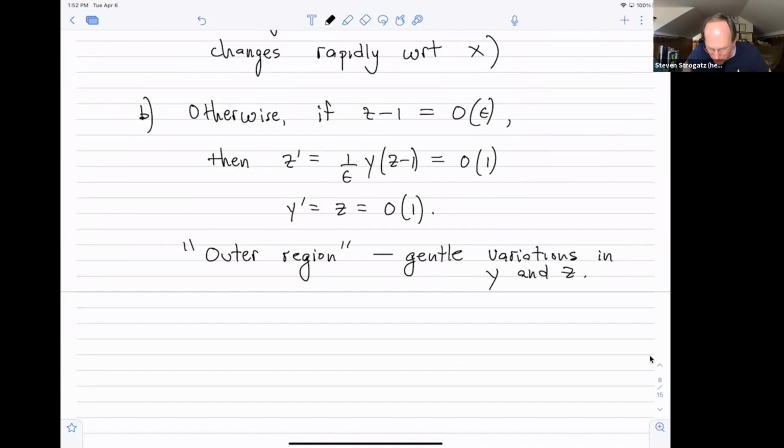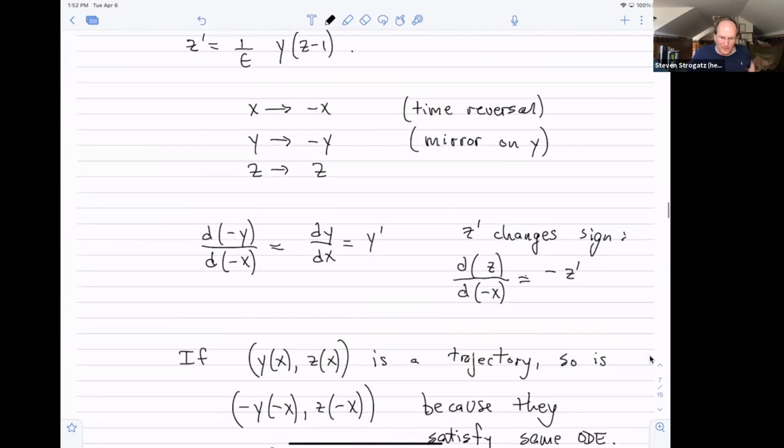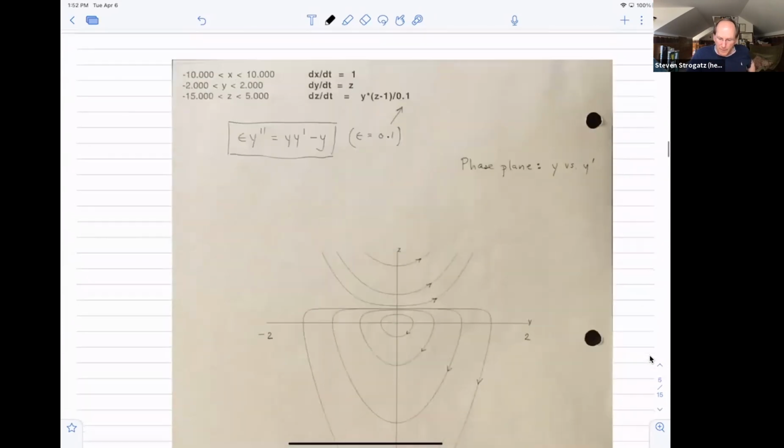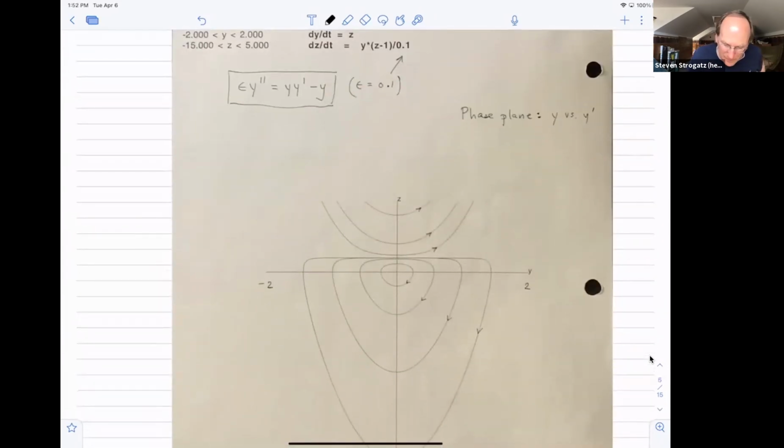Yeah, in the phase plane itself, that's an interesting comment, Maria. Right, so in the phase plane, if I go back and look at, say, a picture like this, I think what you said is right, that the outer region corresponds to a thin part of the phase plane near that invariant line.